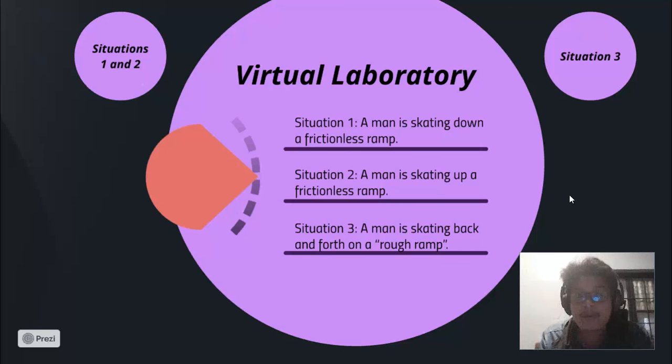That is what we will discuss. While I'm explaining, I want you to answer the virtual laboratory part, the explore part, in your module. Let's go with situations 1 and 2.